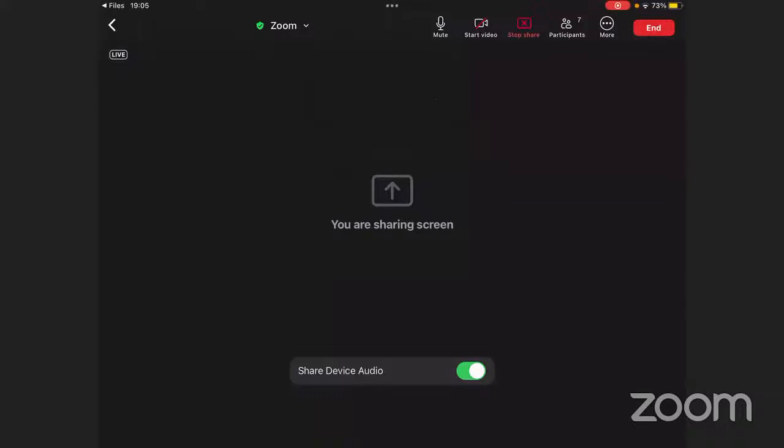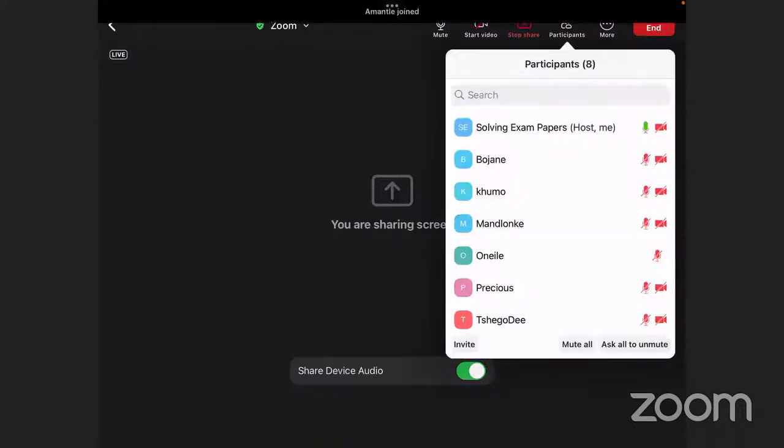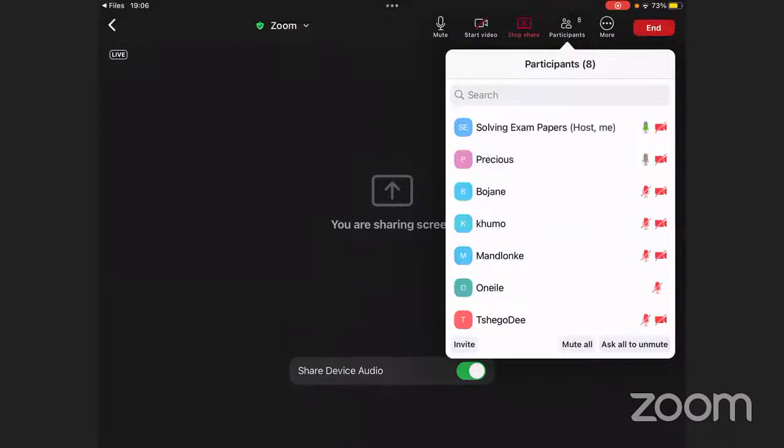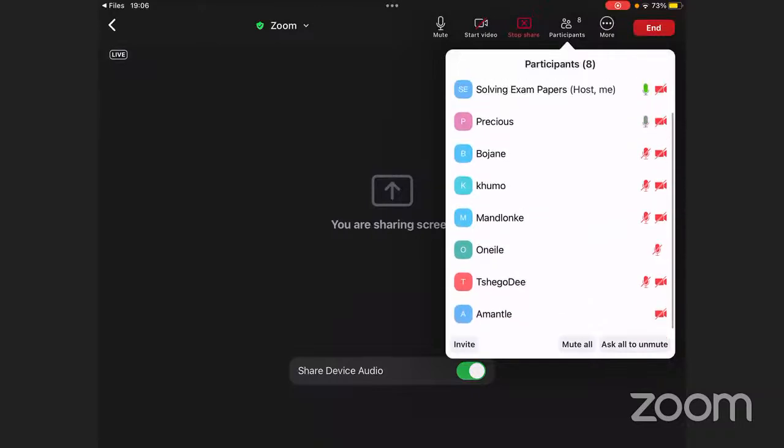So what I need to do now is to share my screen. Once I've done that, I would like you guys to confirm if you are able to clearly see my screen. So let's see, guys, how is it going at that side? Pujani, Kujo, Mendlonke, Oneile, Chiro, Amantle.